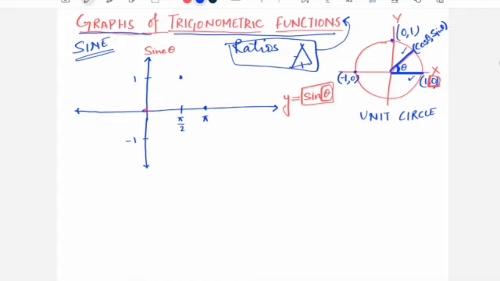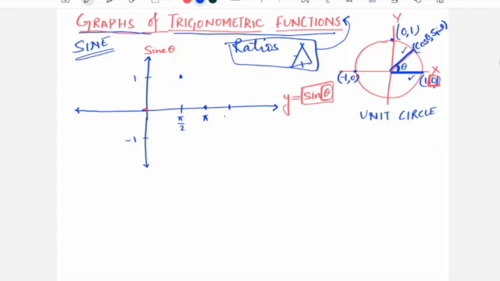Now the next one is 270 degrees, and 270 is 3 pi over 2. So that was 90 degrees, that was your 180 degrees, and now 270 degrees, just to make it clear. At 270 degrees, we know that our x value is 0, whereas y value is minus 1.